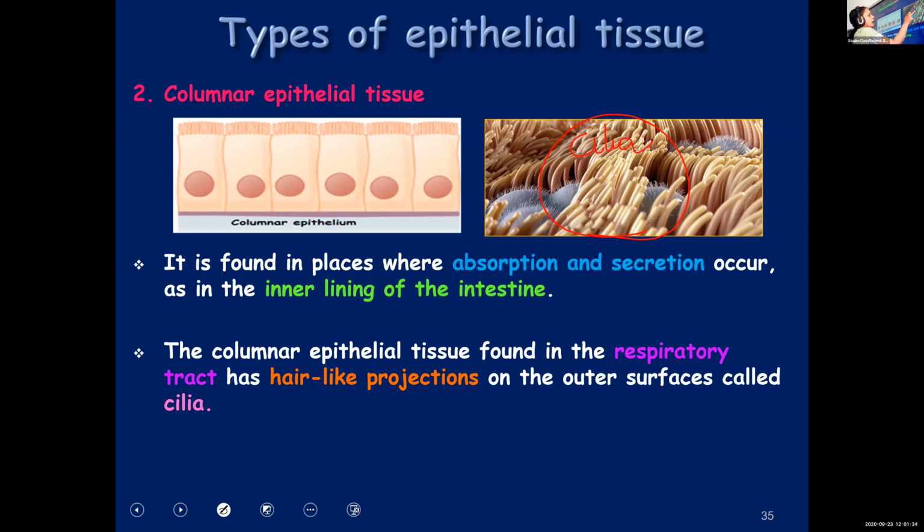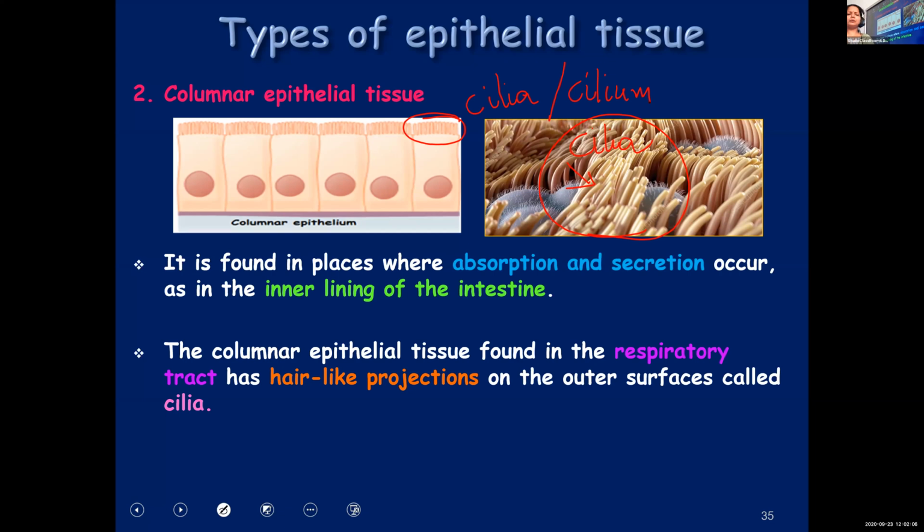These are cilia. Okay. So columnar epithelial tissue is even found in your respiratory tract. So those columnar epithelial cells found in the respiratory tract are provided with certain hair-like projections. What do you call them? Cilia. Singular is cilium, plural is cilia.